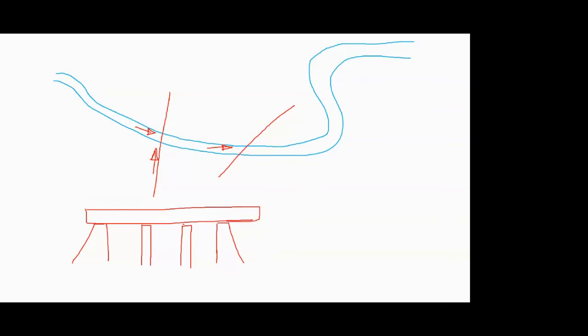So your river water will be in between here. It might partially affect your abutment or not affect it at all, but the piers that are located inside your water body are taking all the current and all the forces of the water.